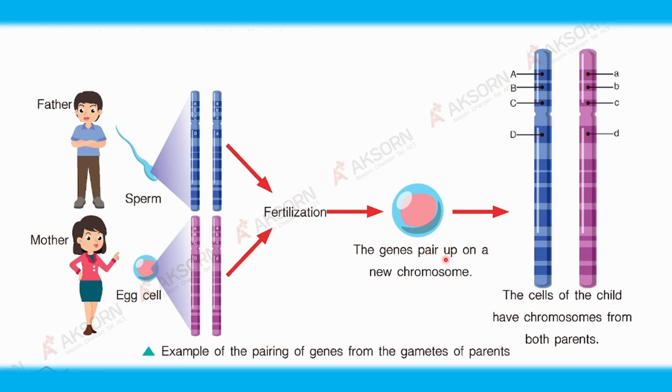The genes pair up on a new chromosome. So here we have the one from the father, and here we have the one from the mother. The cells of the child have chromosomes from both parents. Example of the pairing of genes from the gametes of parents.